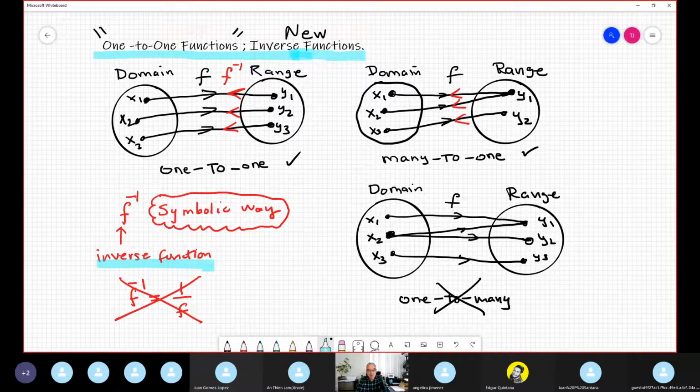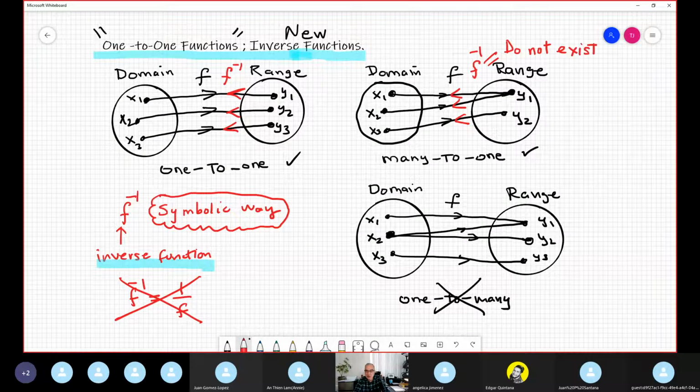But it's obvious that we have an inverse function here because it's exactly the same but in the opposite direction. But here, no inverse function. The inverse function does not exist.